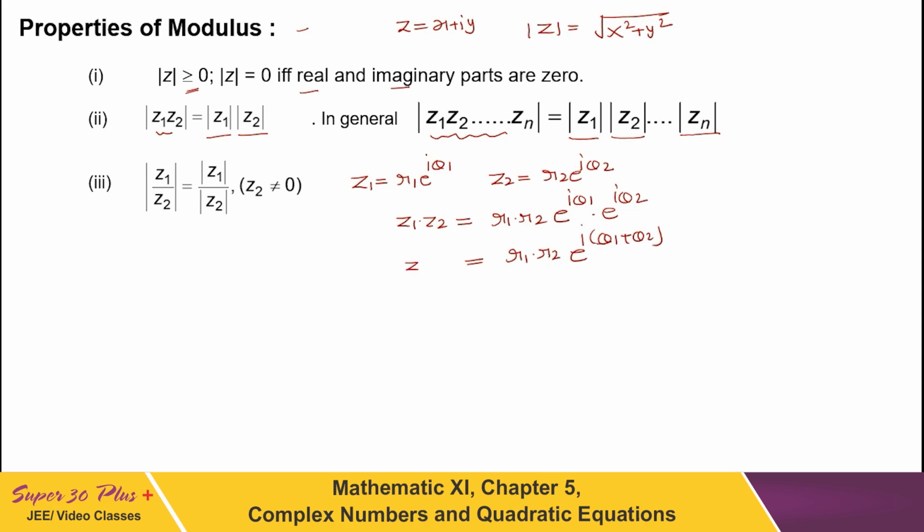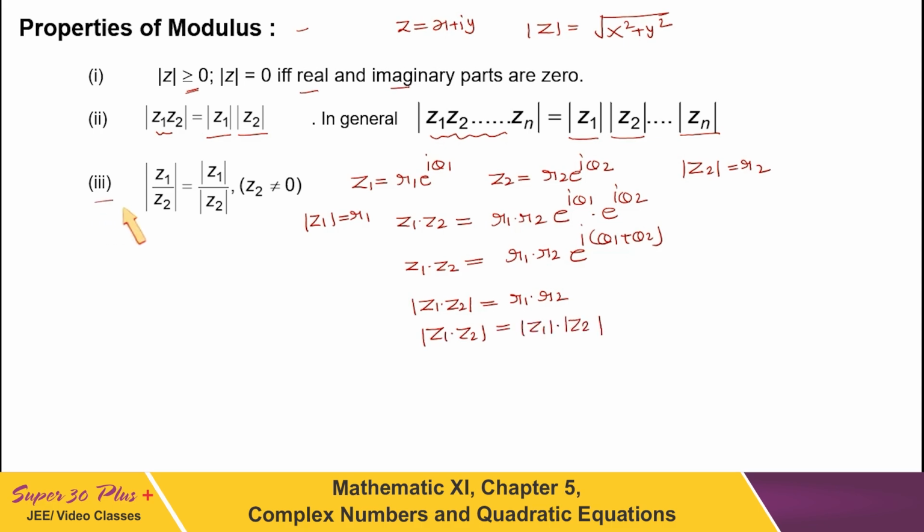This is the complex number z1 into z2. We can easily find the mod of z1 into z2, and it is equal to r1 into r2. What is r1? r1 is the mod of z1 and r2 is the mod of z2. So we can write mod of z1 into z2 is equal to mod z1 into mod z2.